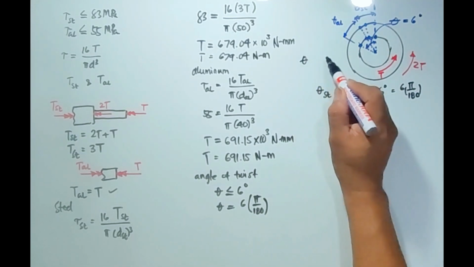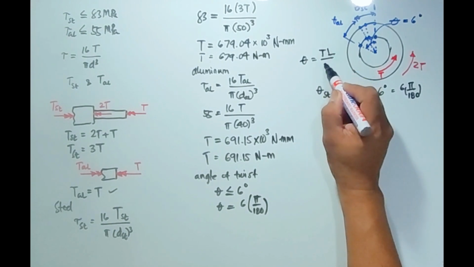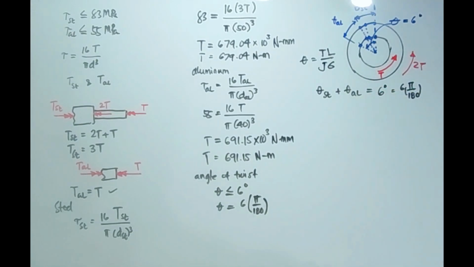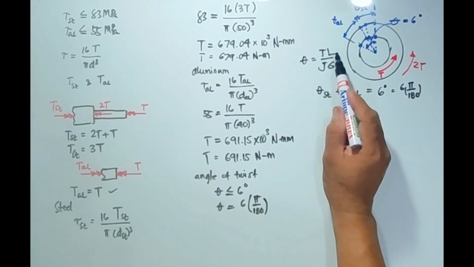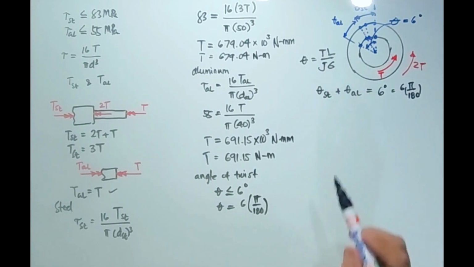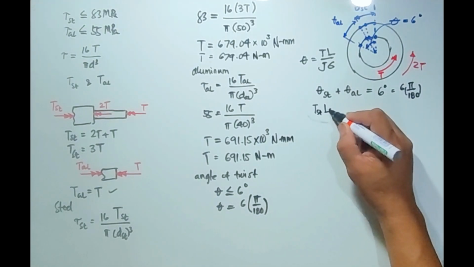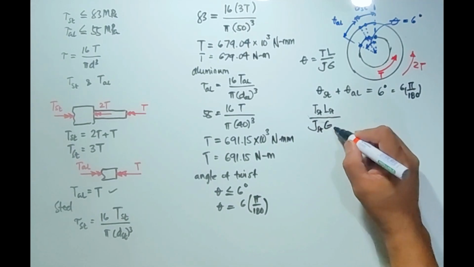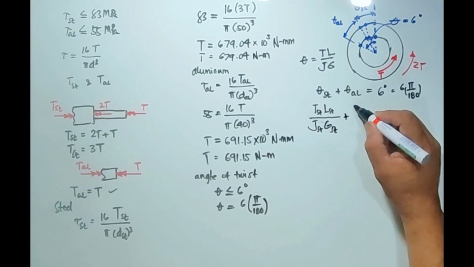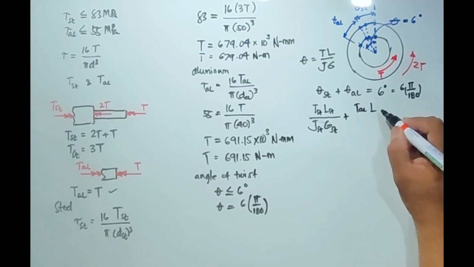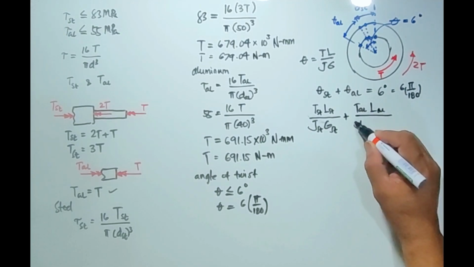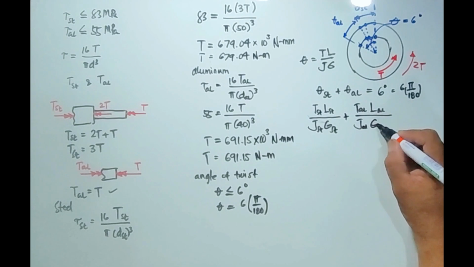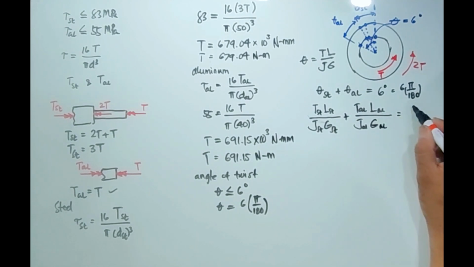So angle of twist is equal to TL over JG. T is the internal torque, L the length, J the polar moment of inertia, and G the modulus of rigidity. So T sub ST times L sub ST over J sub ST and G sub ST, plus T sub AL times L sub AL over J sub AL over G sub AL is 6 pi over 180.